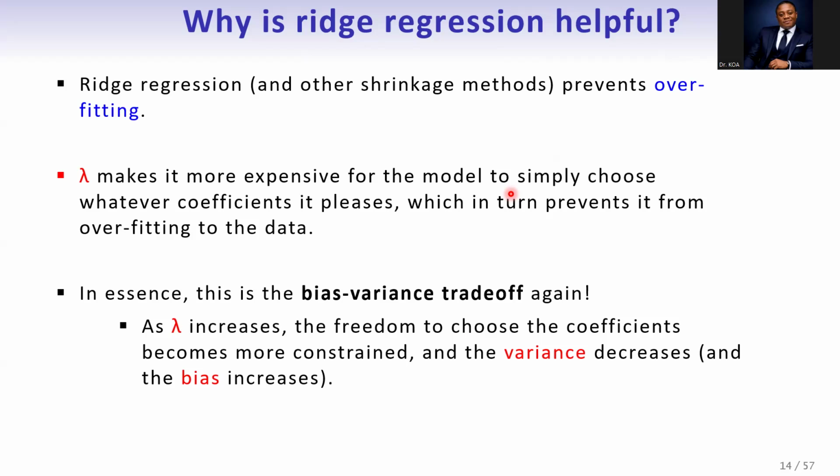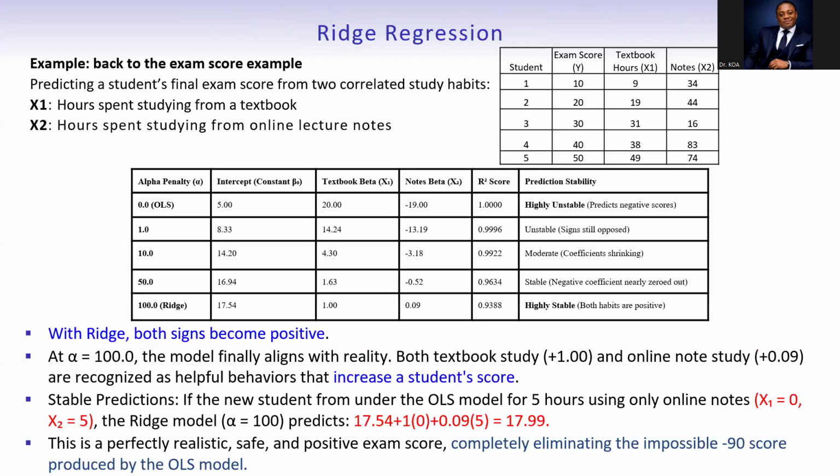When you are increasing the lambda or the alpha, as you raise it, the freedom to choose the coefficient is limited. In the previous example we were raising it, but you have to know whether it's between the 1, the 10, the 50, and the 100. Which one is the best?